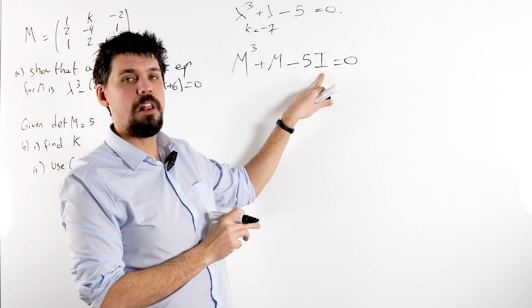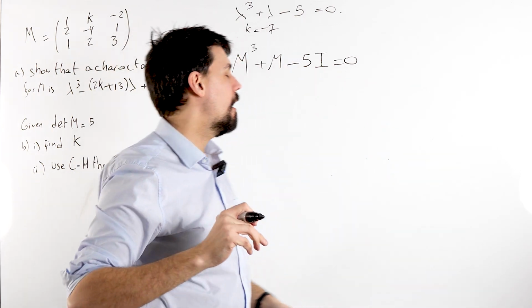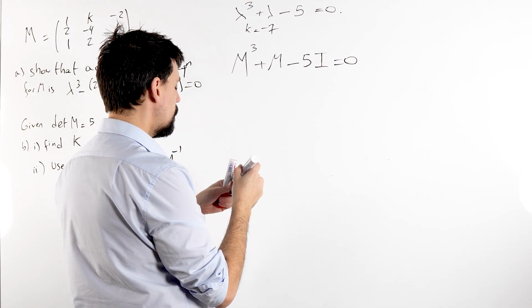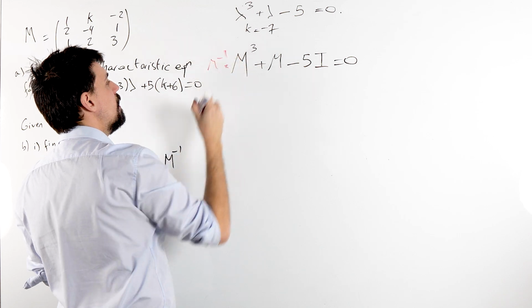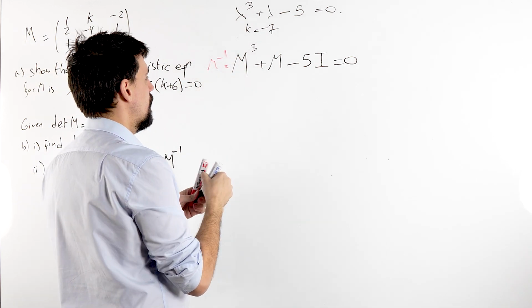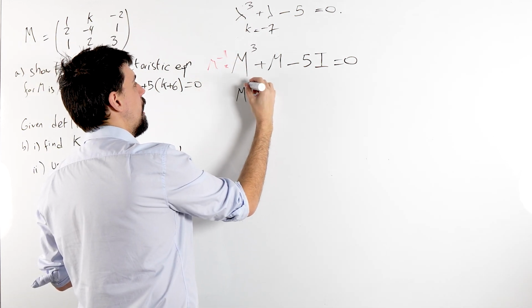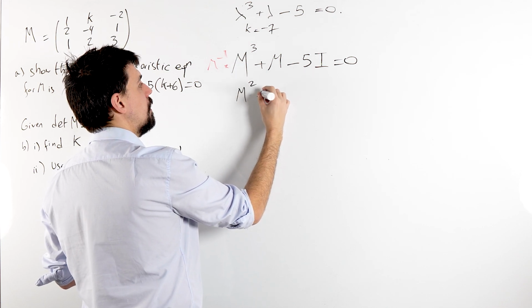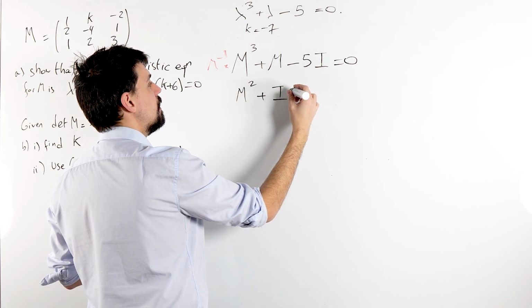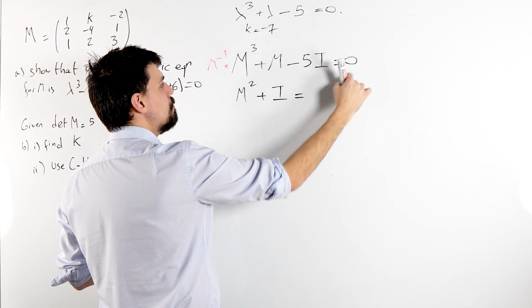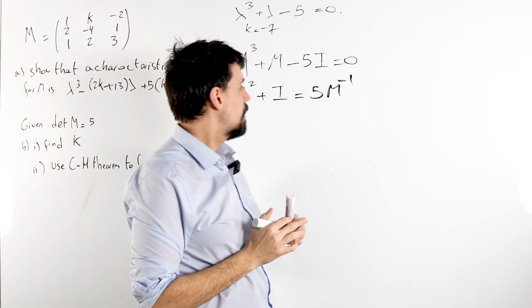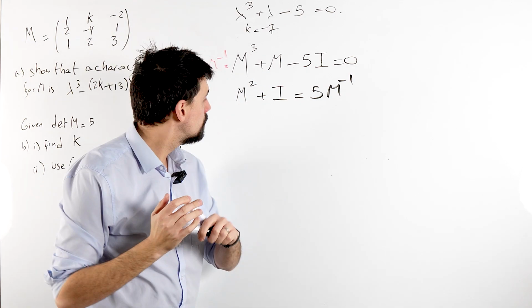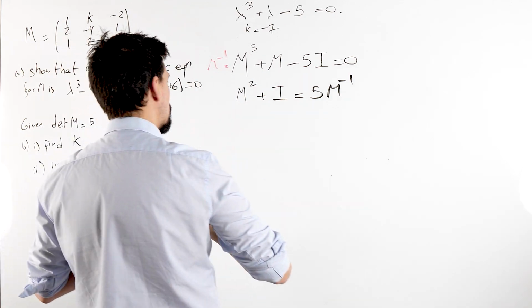That is the slight modification to the characteristic equation. And what we're going to do is multiply the entire thing by the inverse. So I end up with M squared plus the identity is equal to, and I'll just move that over to the other side. There we go. And now we just need M squared.